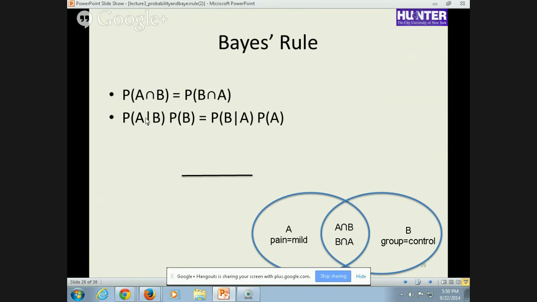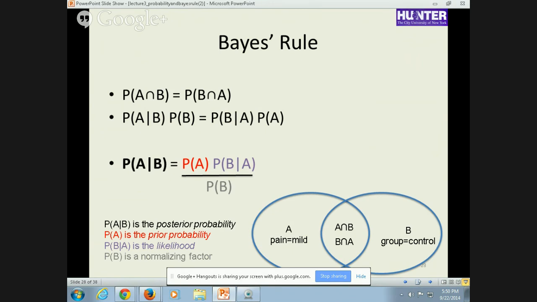A intersect B is P of A given B times P of B, and B intersect A is P of B given A times P of A. Just two ways of writing the same intersection of probabilities. Then you divide through by P of B, and that gives you Bayes' rule. That's it. It relates the conditional probability of A given B to the conditional probability of B given A.